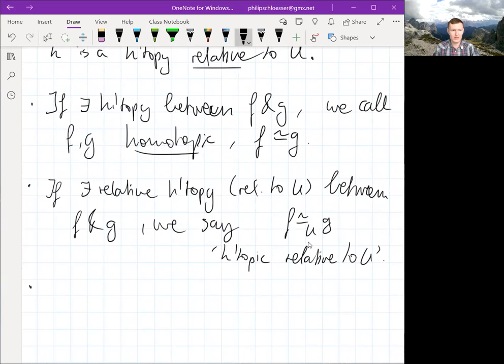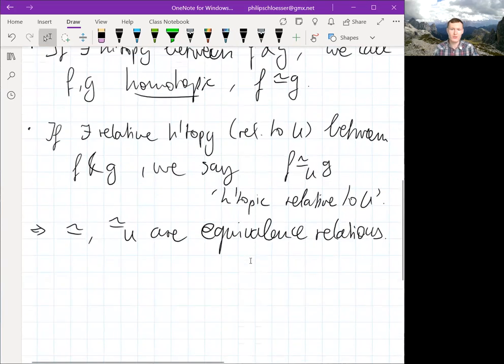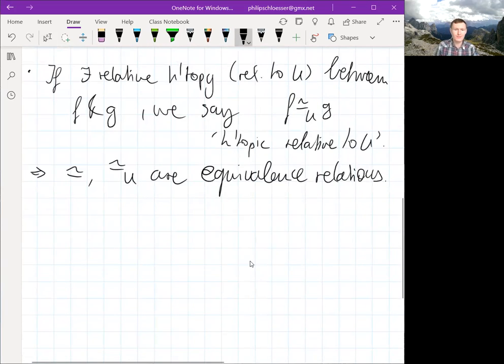Equivalence relations. This will turn out to be somewhat important later on.